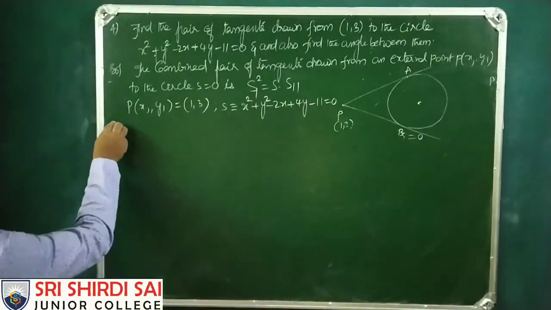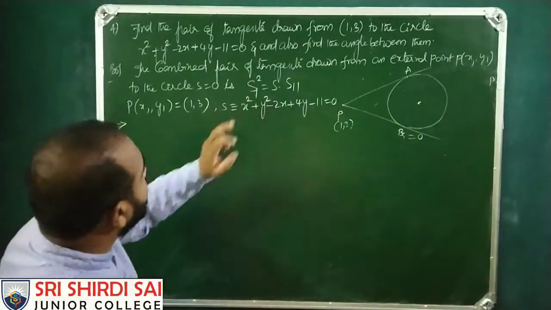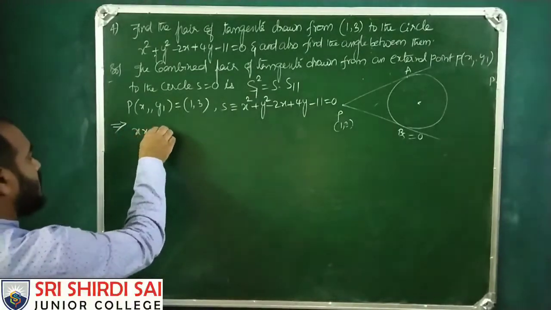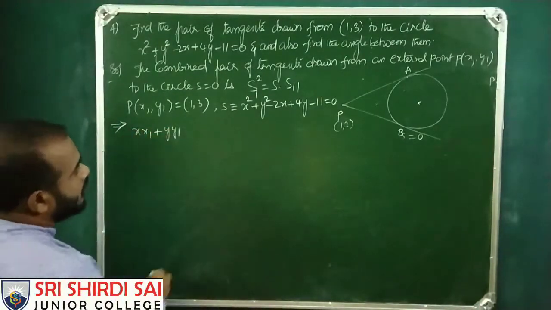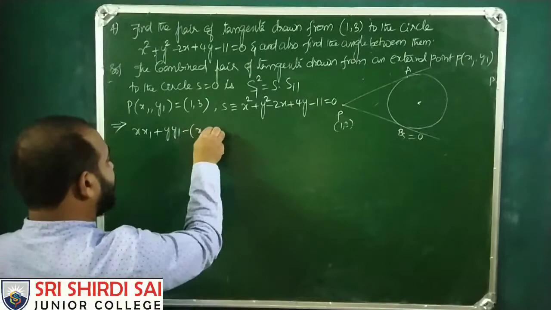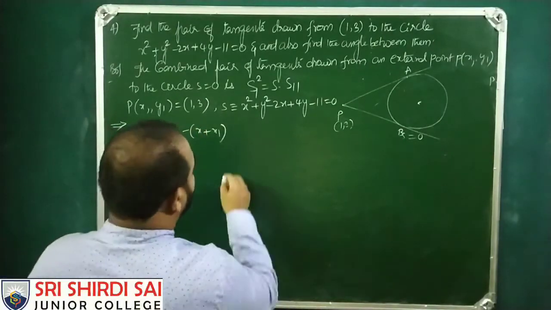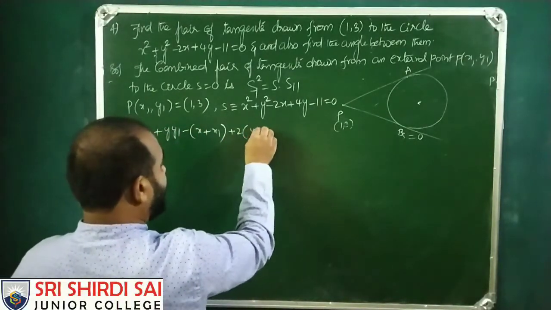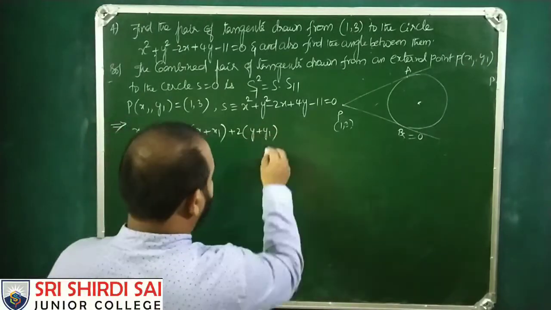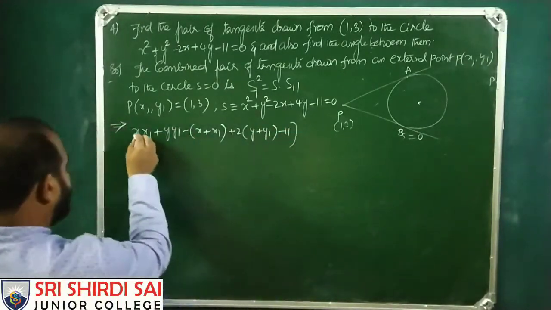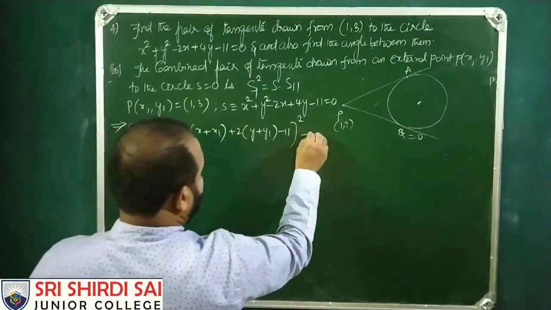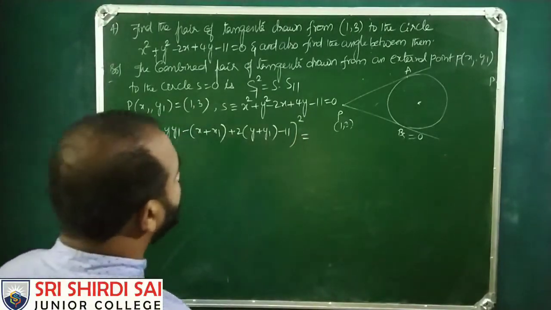So what is S1 square? (x x1 plus y y1 minus (x plus x1) plus 2 (y plus y1) minus 11) whole square is equals to S into S11.